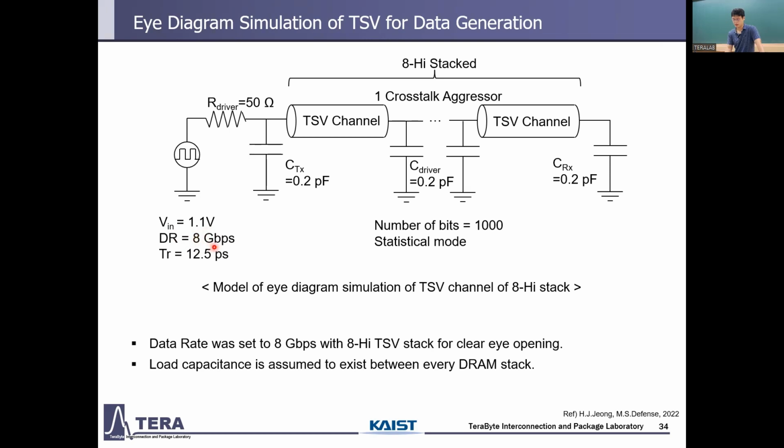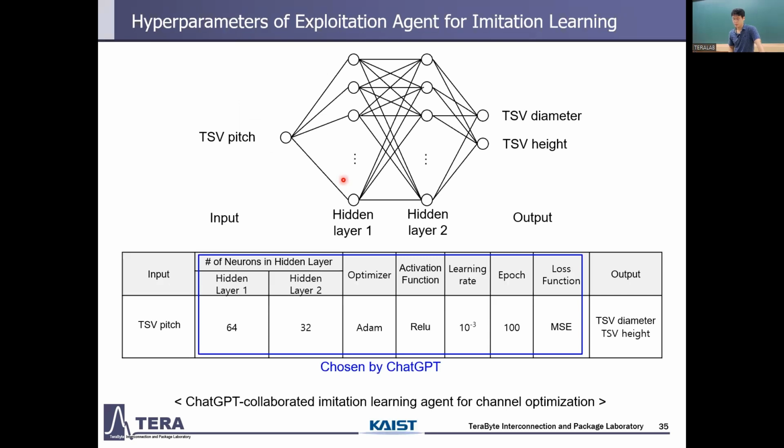Data rate is 8 gigabit per second, and the rising time is 10%. And I assume that loading capacitances exist between every DRAM stack, which is 0.2 picofarads here. The hyperparameters that I use for the exploitation agent for imitation learning are like this: I use 64 layer and 32 layer, and then the Adam optimizer with ReLU activation function.